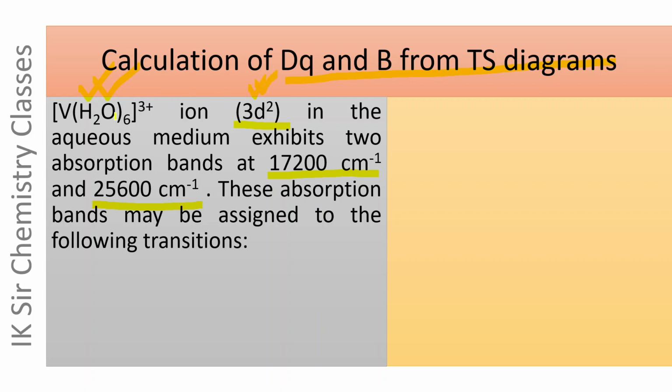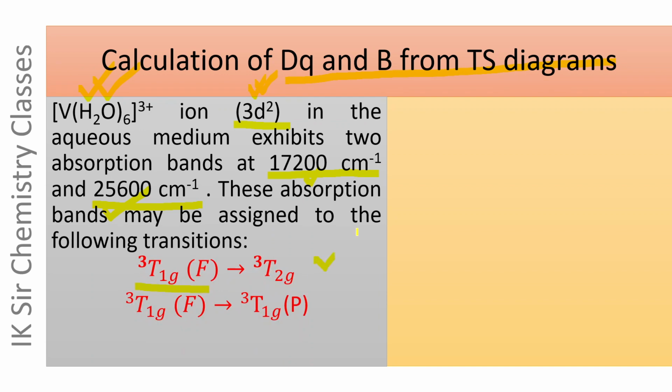It is an octahedral complex and it exhibits two absorption bands in the aqueous solution. These absorption bands may be assigned to the following transitions: triplet T1g(F) to triplet T2g, and triplet T1g(F) to triplet T1g(P), as shown in the sidewise figure.